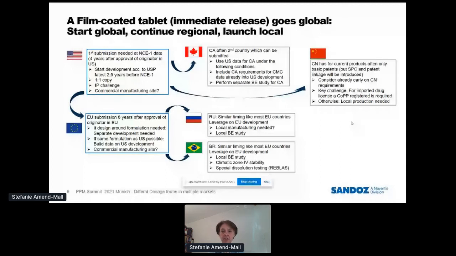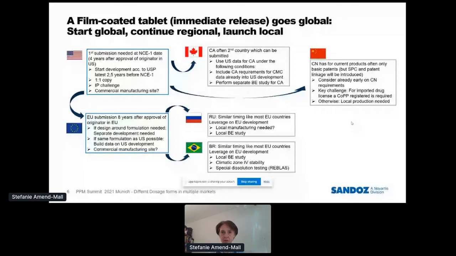Brazil gives another set of challenges. Here, especially, we are talking about the climatic zone 4 stability, which is needed. So you need quite a tight package, you need a good stable product, which can be challenging if you talk about polymorphs, for example. I have already seen significant challenges sometimes in that area.